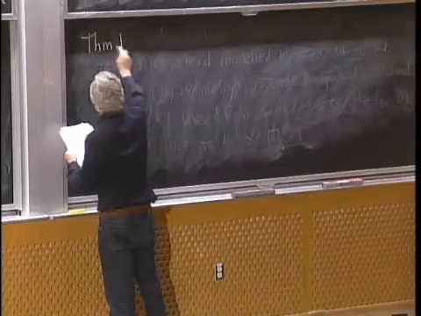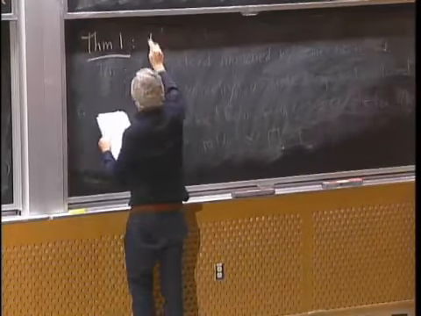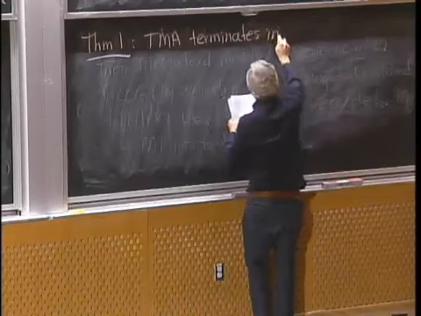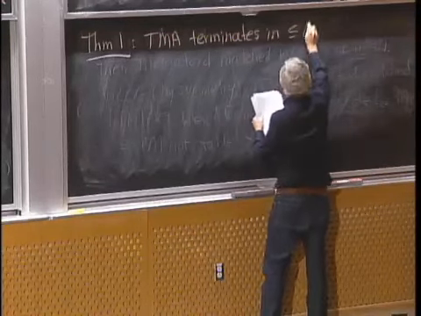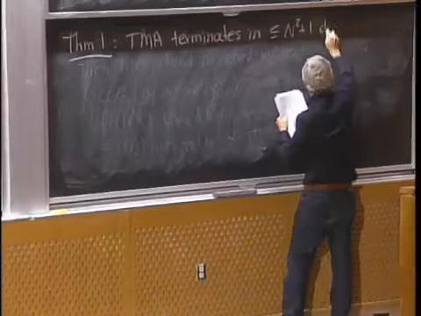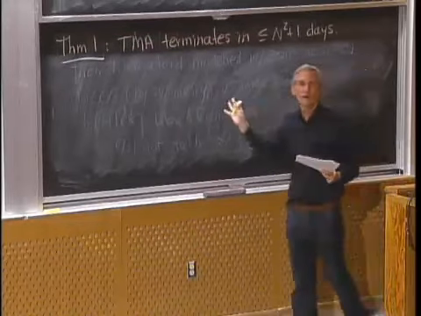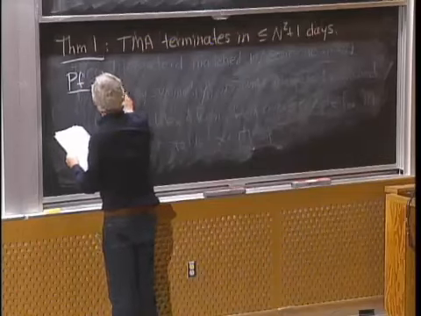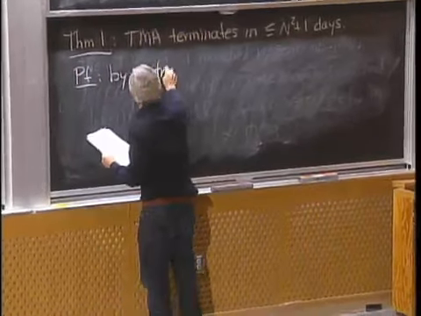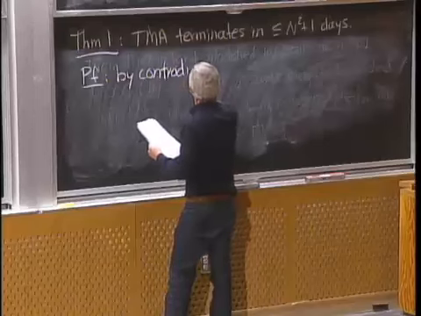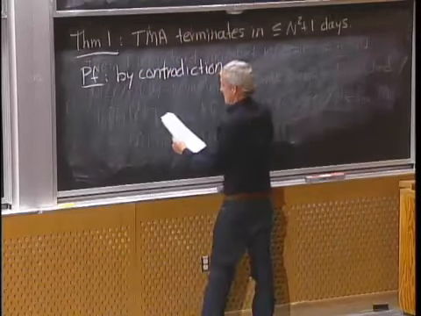So our first theorem is going to be that TMA terminates in at most n squared plus 1 days. N is the number of boys and girls. The proof is going to be by contradiction. This is probably the only day where we'll do a bunch of proofs and none of them use induction. They're pretty much all by contradiction.